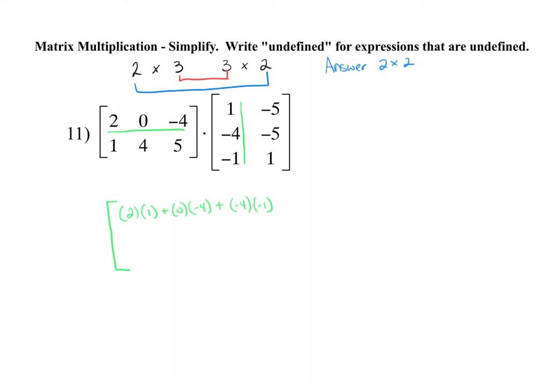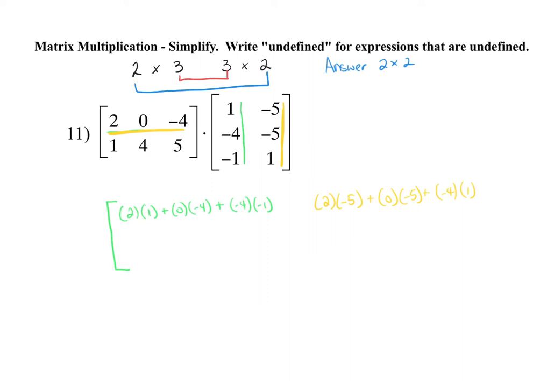So then I am going to take this same row and multiply it by the second column. So I will say 2 times negative 5 plus 0 times negative 5 plus negative 4 times 1, all right?